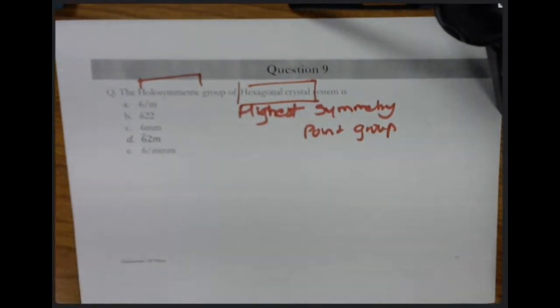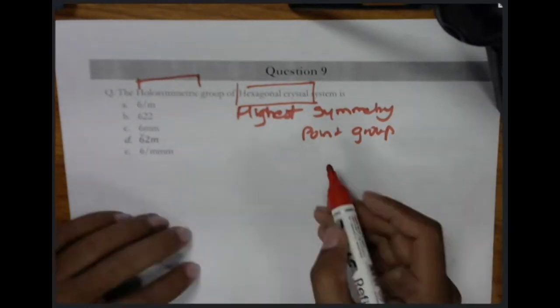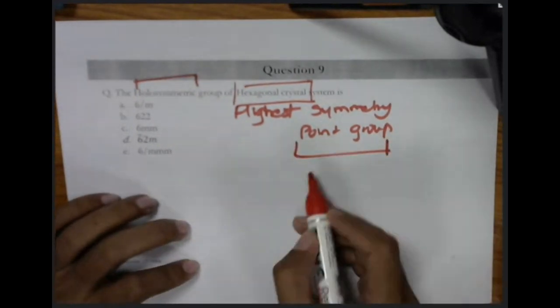Right. See, there are multiple ways. One is that we already know it has been done in the class, we can go with those particular videos. Another way is that more symmetry elements, a higher symmetry point group, will have the highest symmetry.